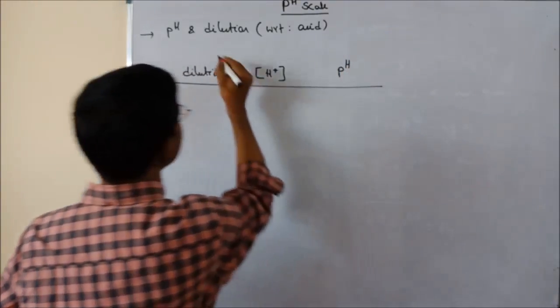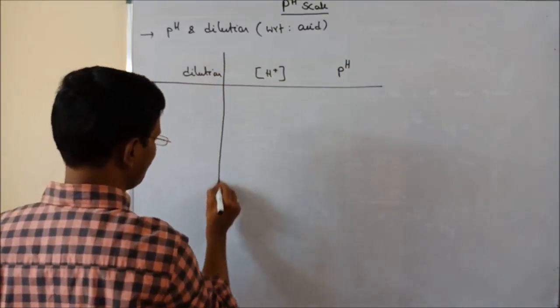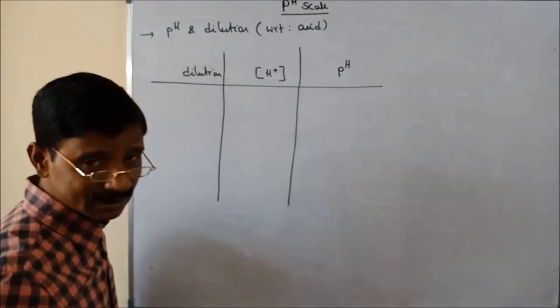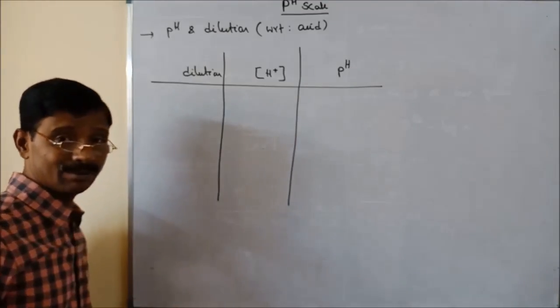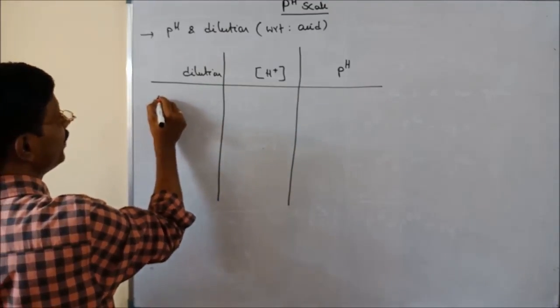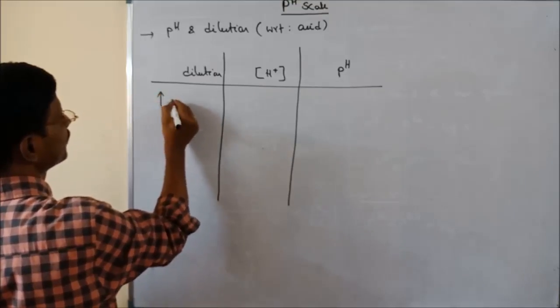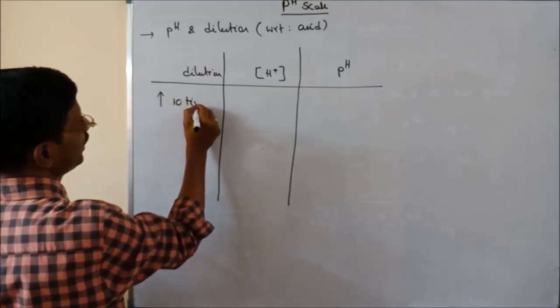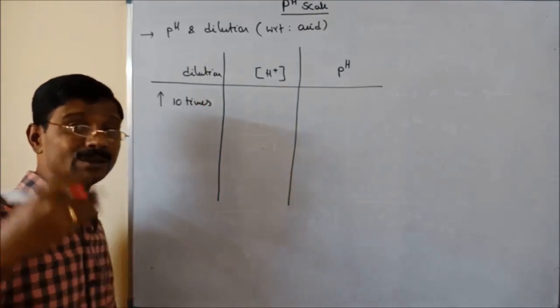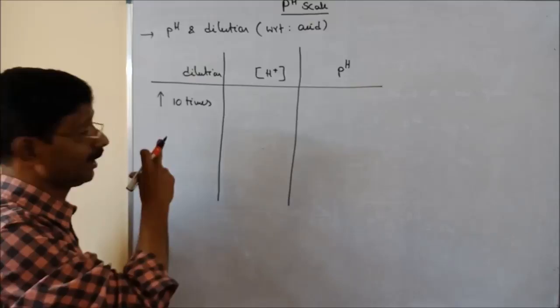If you observe this, suppose the solution is going on diluting, the concentration of H plus will decrease. For example, if dilution increases by 10 times, it means we have taken 1 ml and we made it to 10. That is the meaning.